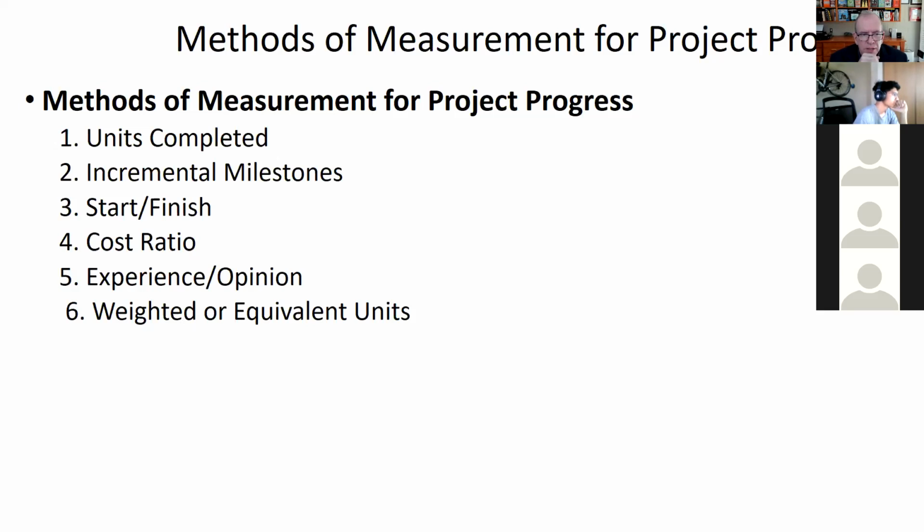The schedule of values is a breakdown of the overall project costs to areas of work. When you get percentages of that completed, that's what determines what you can bill in your progress payments. So that's one method of measurement.